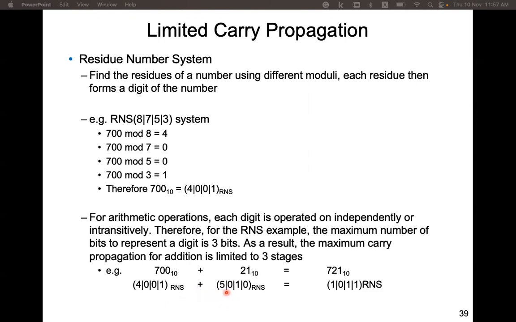So 4 plus 5 is 9, mod 8, remainder is 1. This is straightforward. You just divide the sum by the same number, right? You just add these two numbers together in a decimal way, then perform another modulo again.